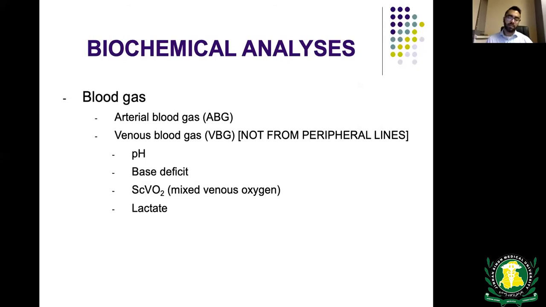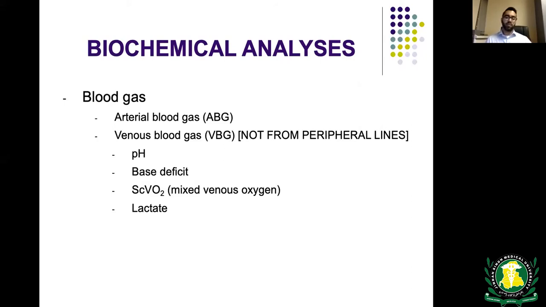And then it is also dependent upon the delivery of oxygen, which is your oxygen content and your cardiac output. But most importantly, it's a reflection of how much oxygen is extracted as the blood goes through various organ systems.